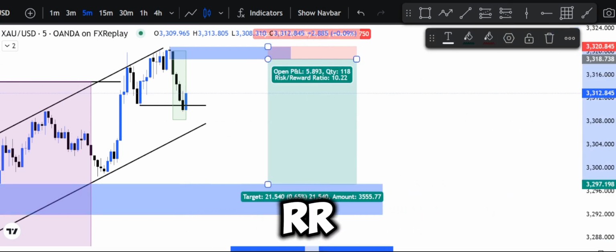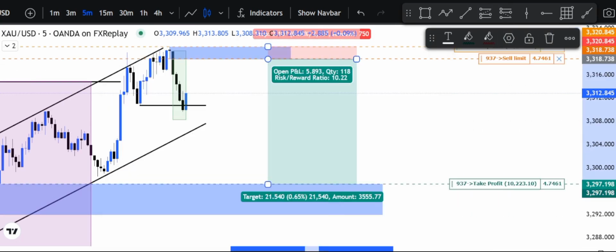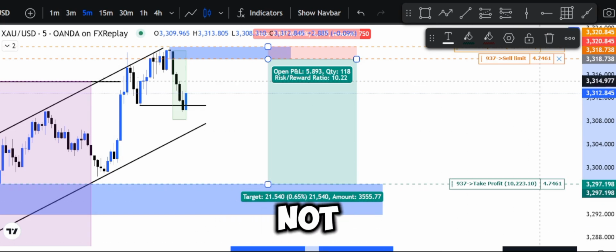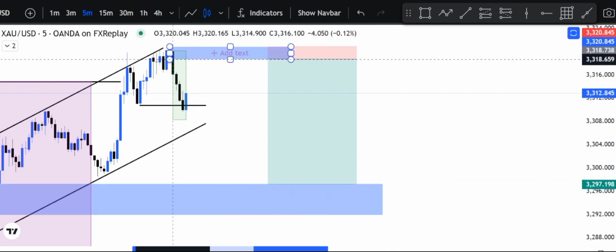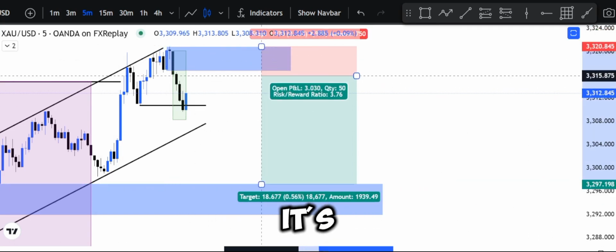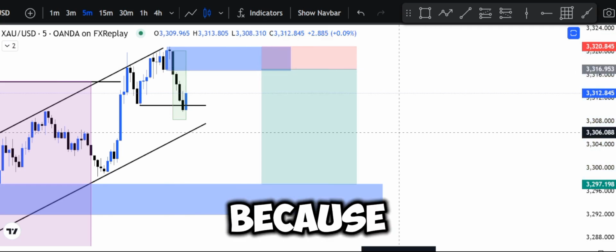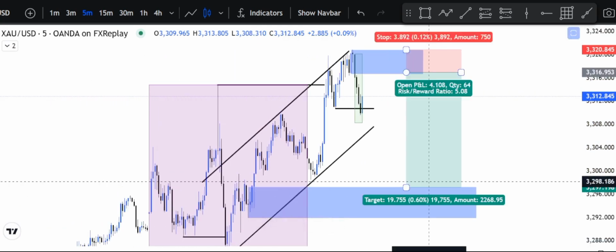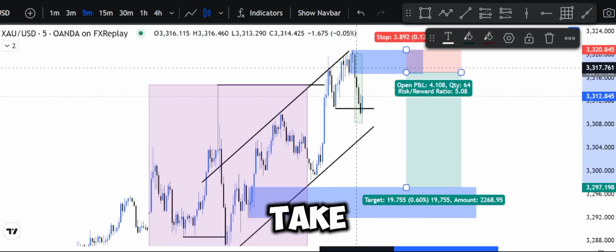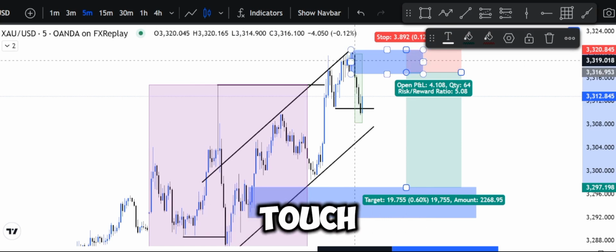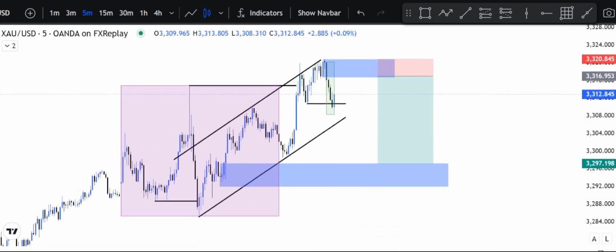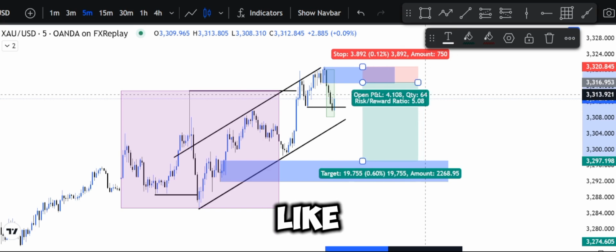This will give us 10 RR. Actually, let's not do it. Let's take the whole zone. It's not smart to miss it because you want higher RR. This is gold, but it may take this imbalance out, but never touch this wick. It's better to take it like this.